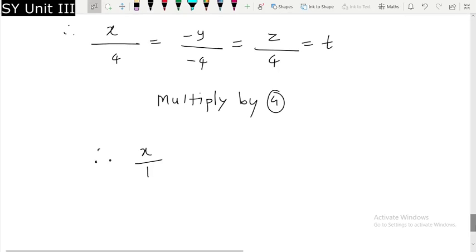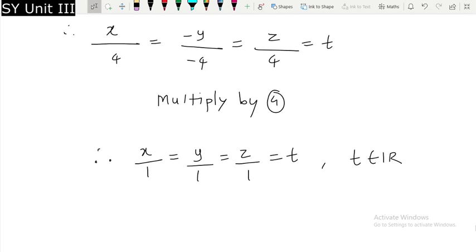So it will be x upon 1. Now minus and minus will become plus, so y upon 1, which is equal to z upon 1, will be equal to t only. It is simply the adjustment. If you want, you can write t1 if you are getting confused, but writing t is also right. That's not an issue, because it is simply the parameter. Therefore x is equal to y is equal to z is equal to t, where this t is from R.